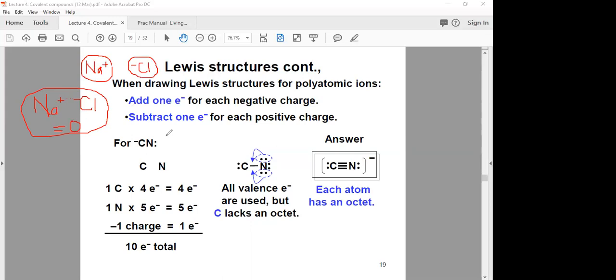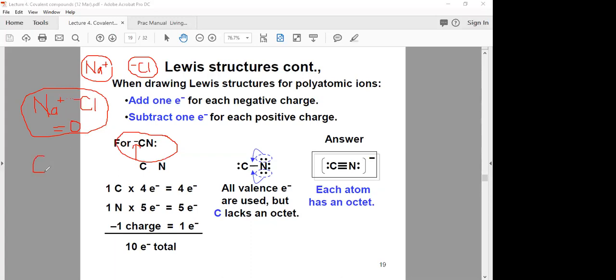So ionic compounds, when we balance them in this way, one positive for every negative, have an overall charge of zero. But polyatomic ions, and we can see an example here, this is the cyanide ion, still carry an overall charge.